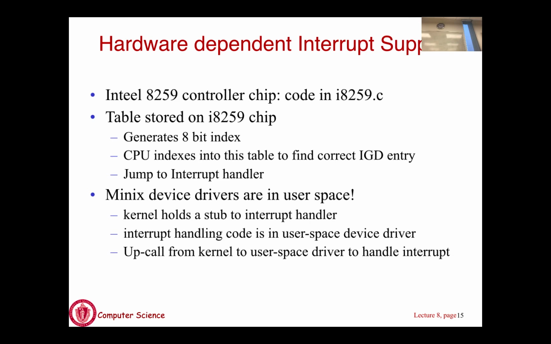In a monolithic kernel, this would not be the case because the device driver is inside the kernel. Everything is in one address space. So you simply look at the interrupt vector, and it will be an address in the address space of the kernel, and you just start executing the interrupt handler. Here, that's not going to be the case. You will have to pass that interrupt on to either a device driver or some other entity, which is then going to handle the interrupt for you.